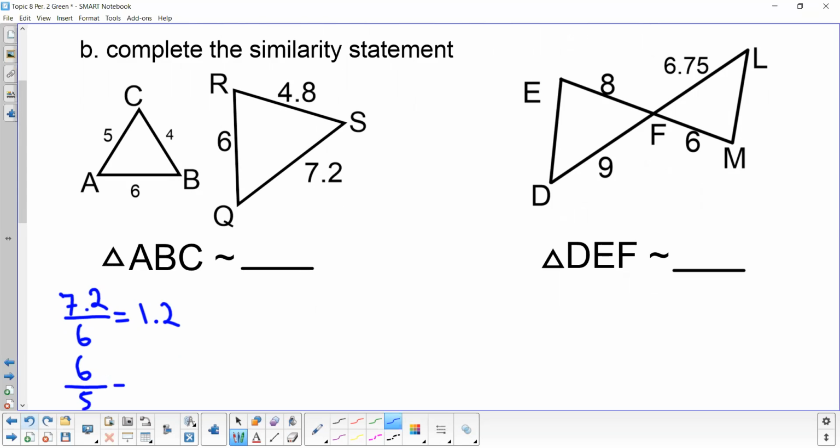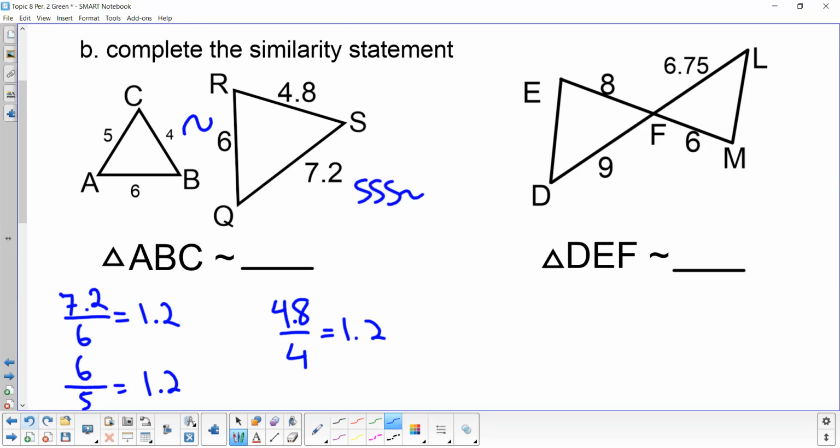Which is 5, and divide those, and those are 1.2. And then the last set, 4.8 divided by 4, I believe is also 1.2. Because we can see that the scale factor there is 1.2 consistently for every set of sides, the two triangles are similar, and they're similar by SSS similarity.